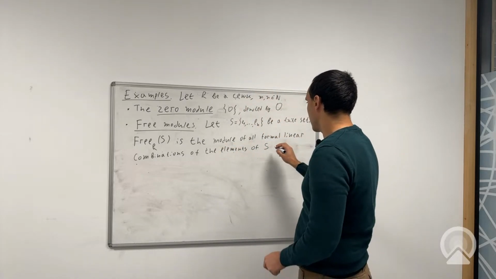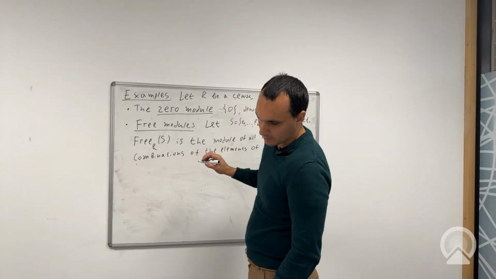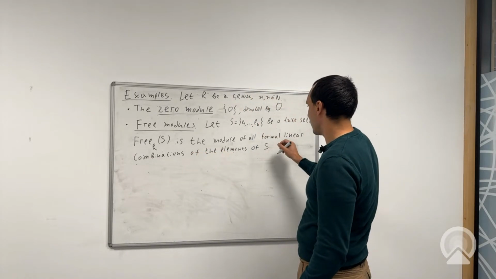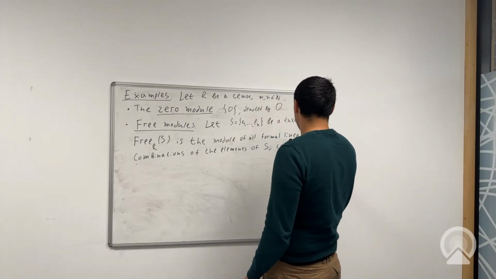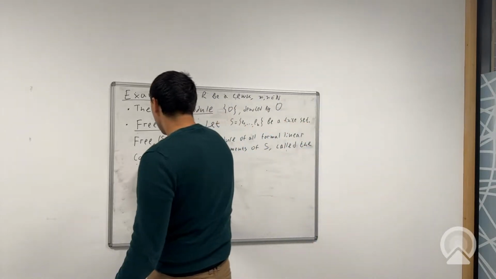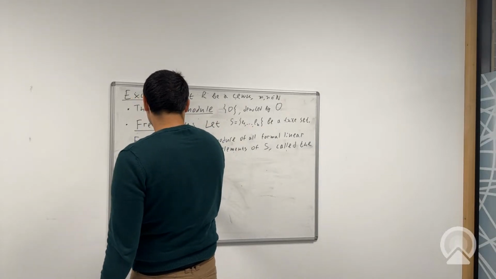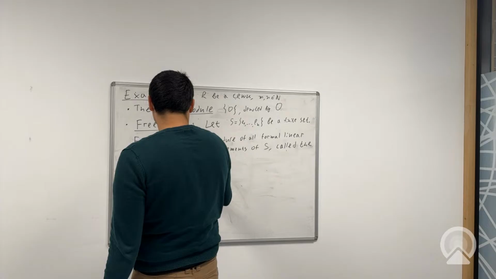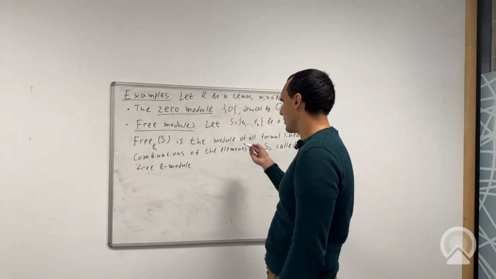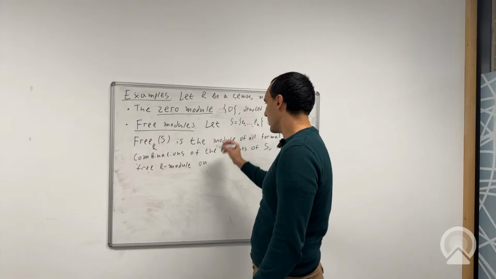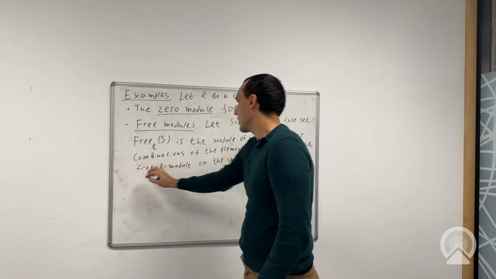And it's called the free R module generated on the set, let me write on the set S. Okay, this thing here.